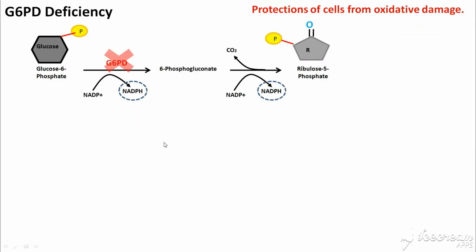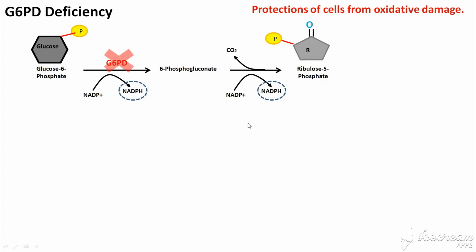So this brings us to the pathology that could happen in the HMP shunt, and it's called G6PD deficiency, or glucose 6-phosphate dehydrogenase deficiency. Now, this is the most common enzymatic deficiency that could happen in humans. So this is an X-linked disease in which these patients have a deficiency in the enzyme G6PD. And of course, this is going to stop the whole HMP shunt pathway, and it's going to prevent the synthesis of NADPH.